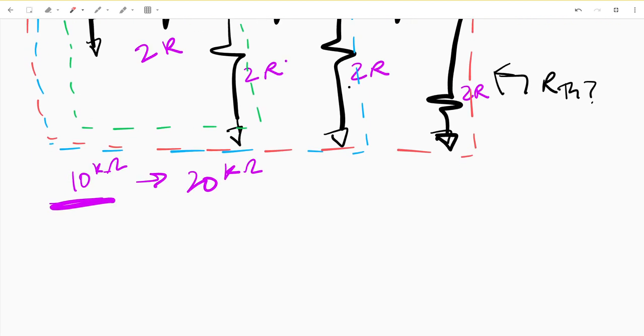So to first begin, let's start with the green, or R1.